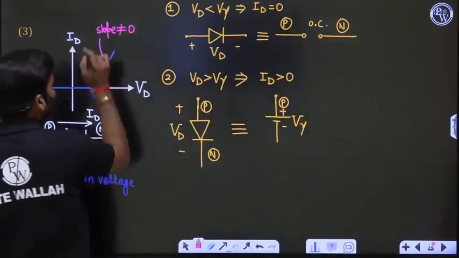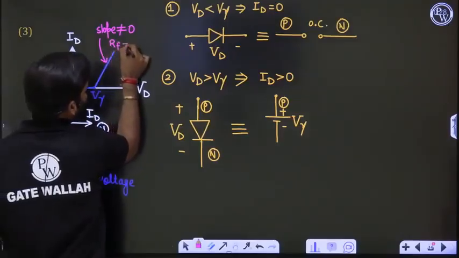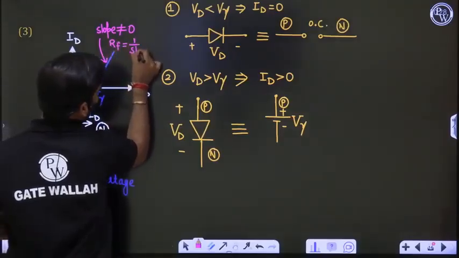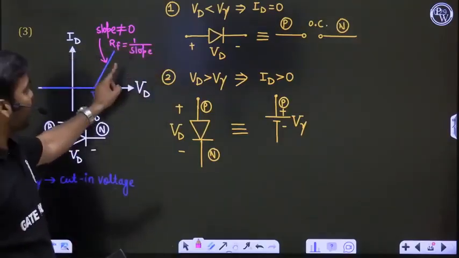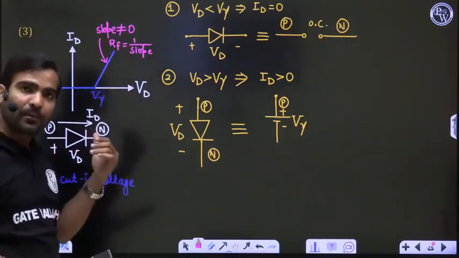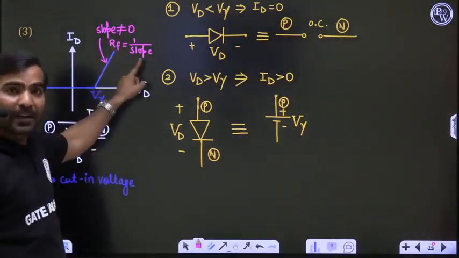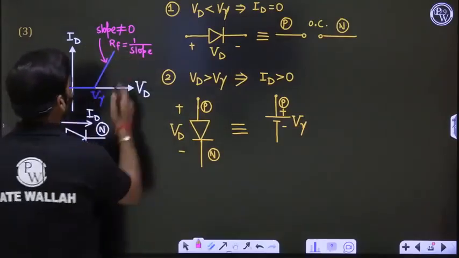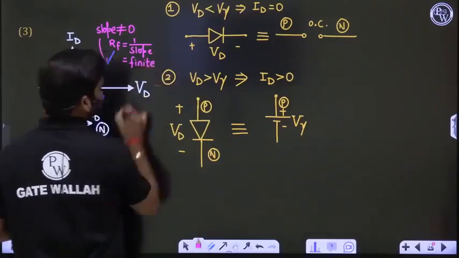If slope is not equal to zero, RF is equal to 1 upon slope. If slope was infinity, RF was zero at that time. Now slope is finite, so 1 upon slope is finite. So this RF is some finite resistor.